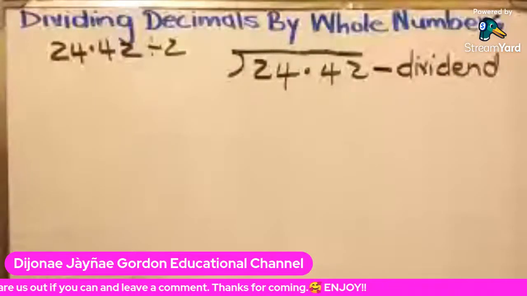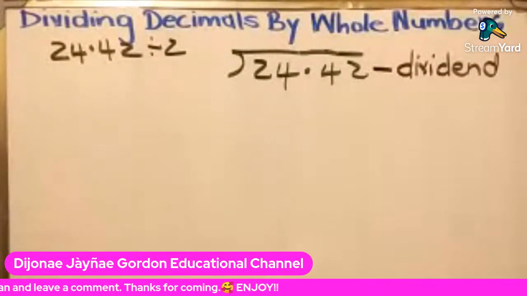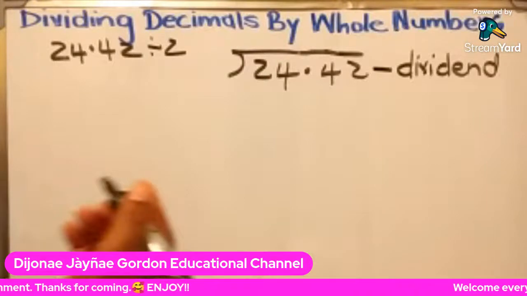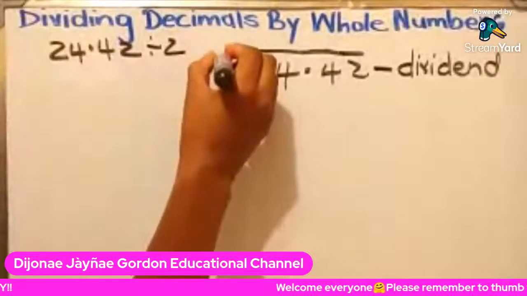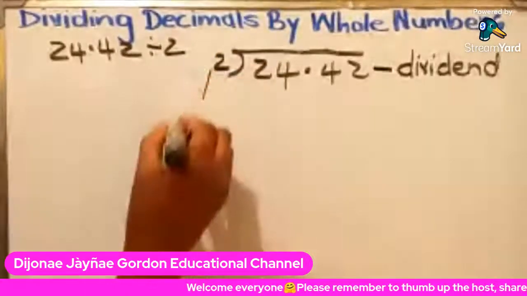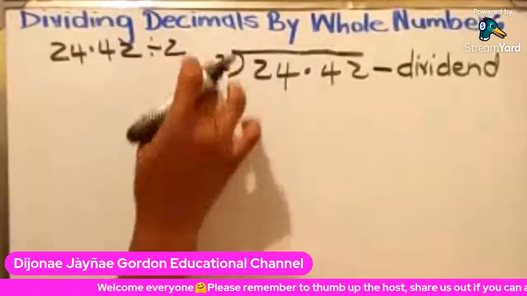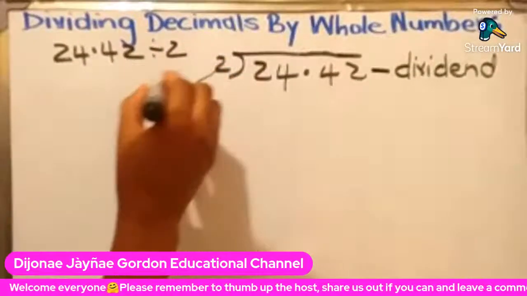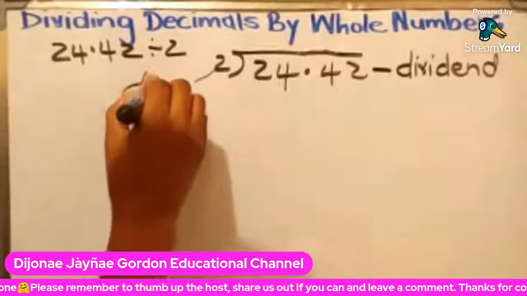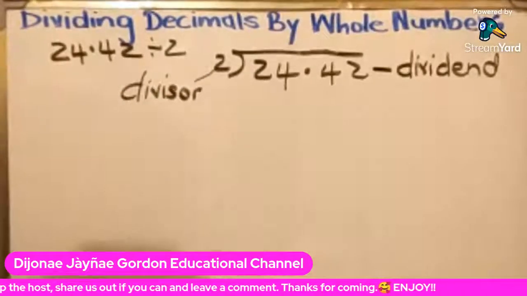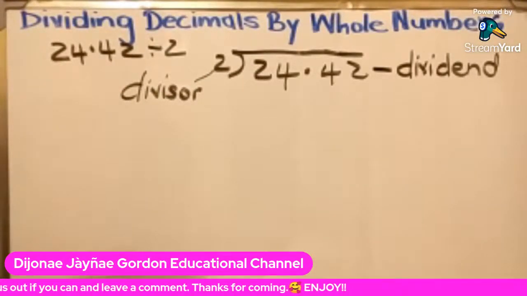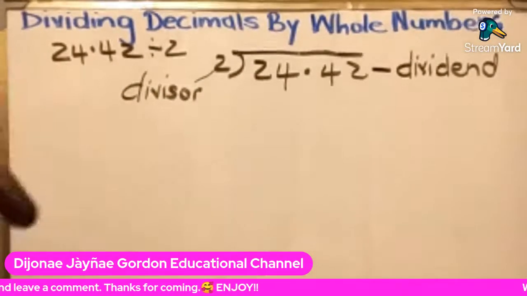All right. So now the next thing we're going to do is to put in our divisor. And in this case, 2 is known as our divisor. So let me write the word divisor for you. D-I-V-I-S-O-R. That's the word divisor. All right. So let's go right ahead and work this problem.